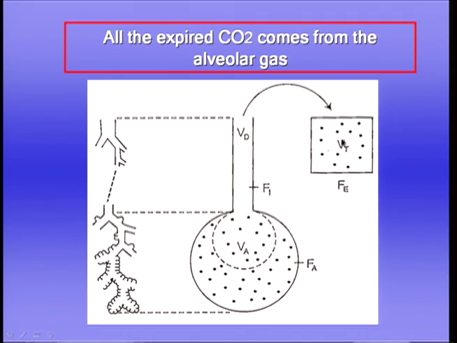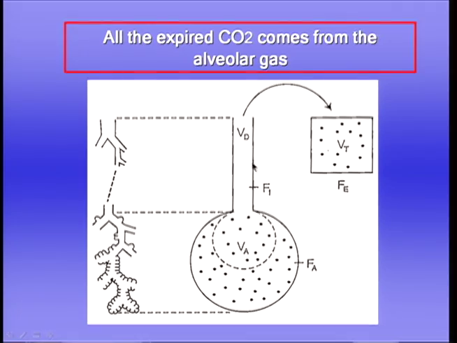This shows the same diagram as we had before, but it makes a slightly different point. The point it makes is that all of the CO2 in the expired gas comes from the alveolar compartment. As we said before, the expired tidal volume comes both from the dead space and from the alveolar compartment. But of course the dead space doesn't contain any CO2.